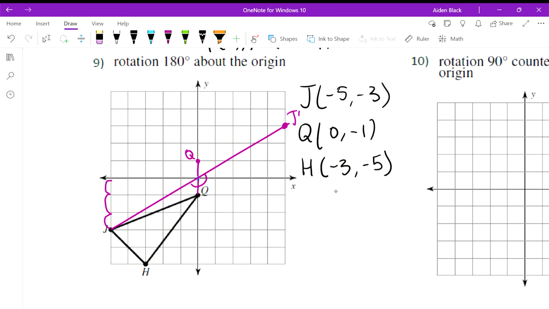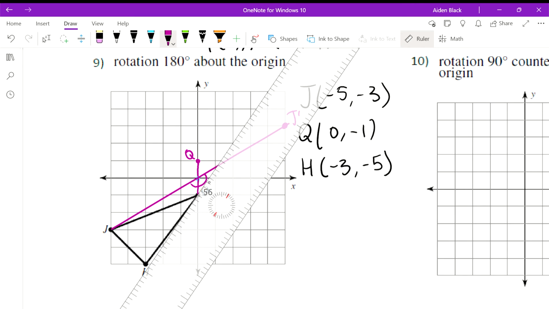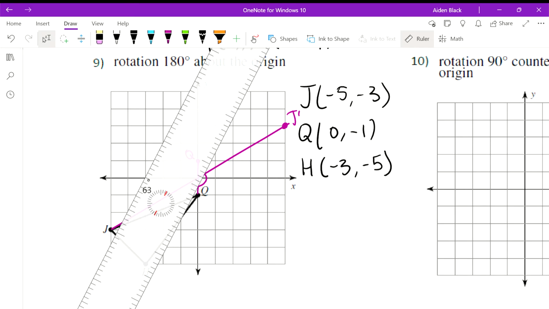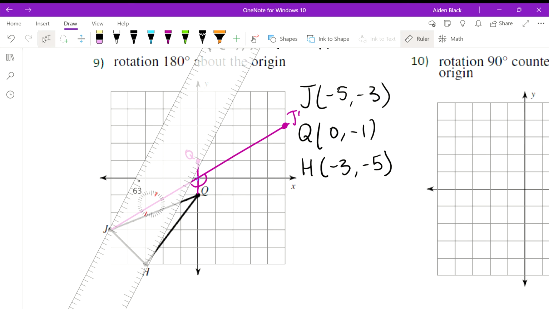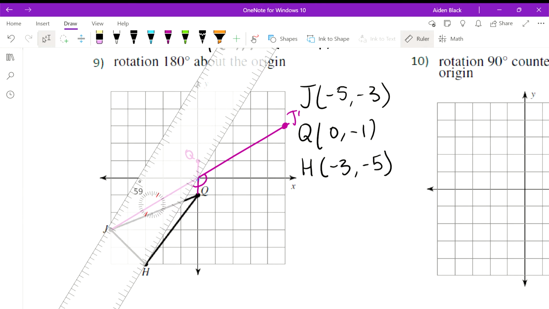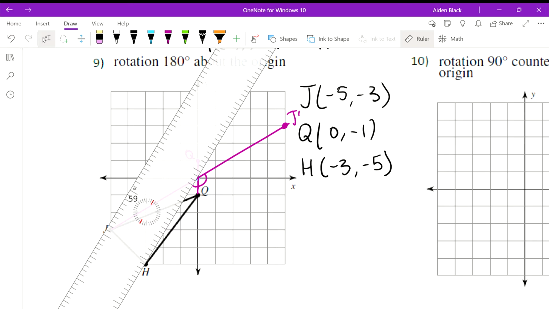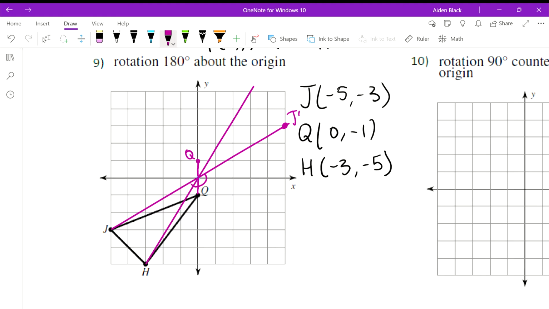Delete all that. And then do the same thing for our H. So here's H. H to the origin, and then all the way through. Again, we've got to think about 1, 2, 3, 4, 5 up, 1, 2, 3 over.